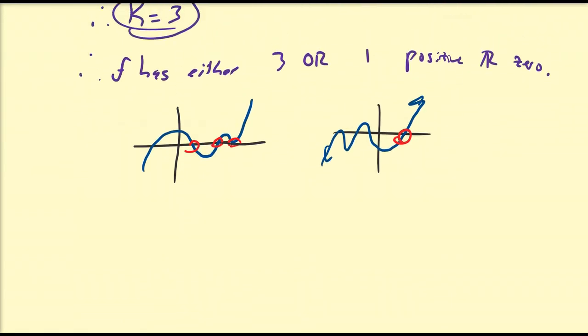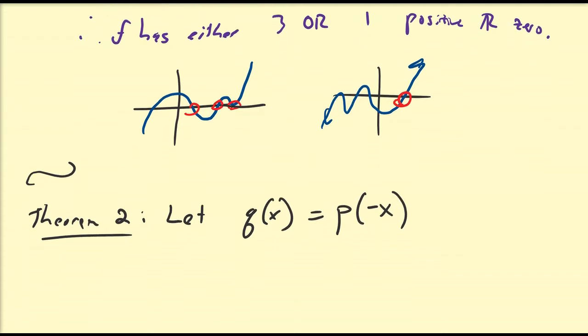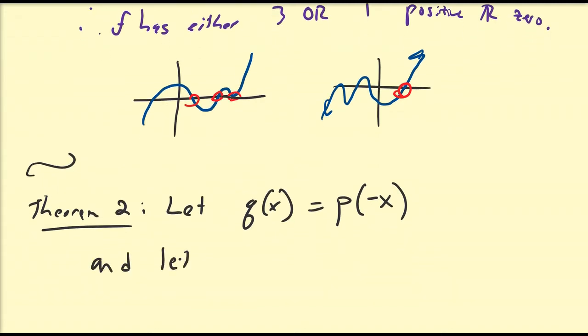So let's talk about a second theorem, which is a direct extension of Descartes' rule of signs. Theorem 2: I'm going to define a polynomial q of x to be the mirror image about the y-axis of p, and we let the size of the sign change set of q be equal to k. So we can apply Descartes' rule of signs to the polynomial q.